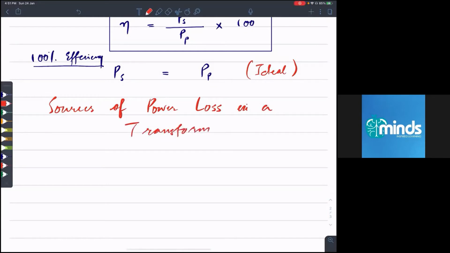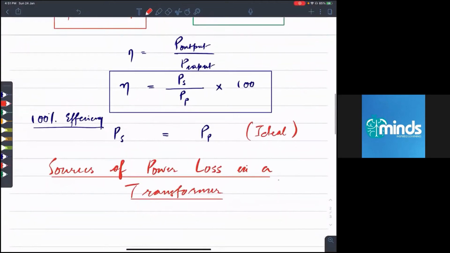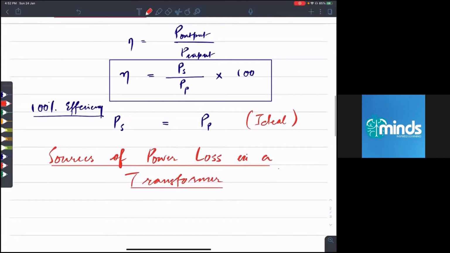Because 100% efficiency is an ideal condition, and I mentioned this many times. In the real world, ideal means something which will never happen. So we can't have this ideal condition where efficiency is 100%. The efficiency of a transformer will be 90%, 95%. It means that there must be some power losses.